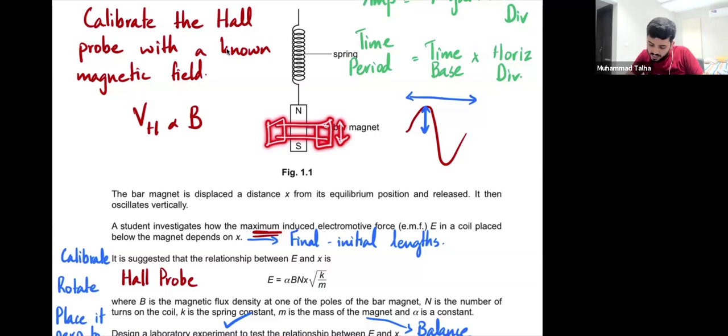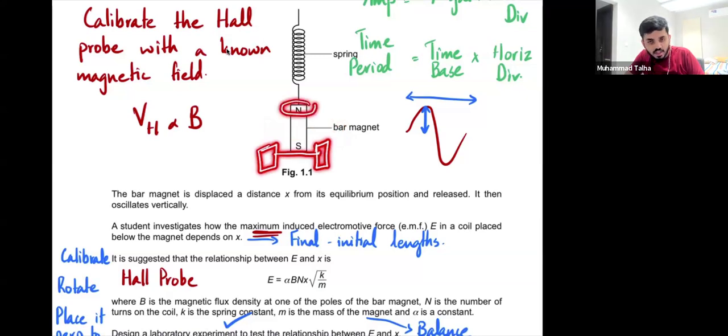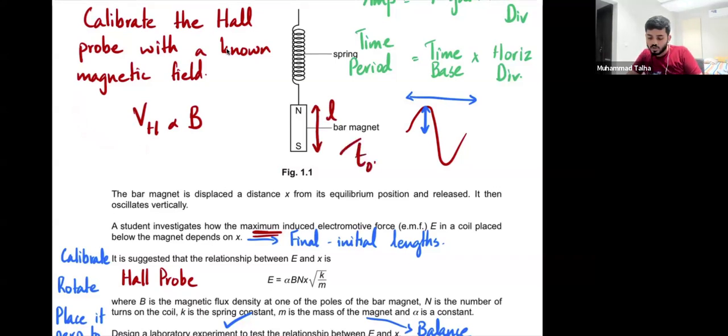So basically when this end, let's draw it like this here. So when this end passes here, so this ray of light, when this is cut, the timer starts. And when the top end passes, the timer stops. So then if you have this length of the bar magnet, you can divide this by the time that you get from the oscilloscope. That's going to give you its speed just as it passes through.